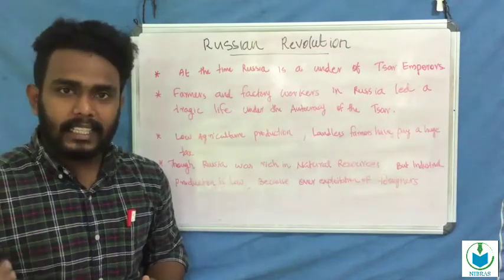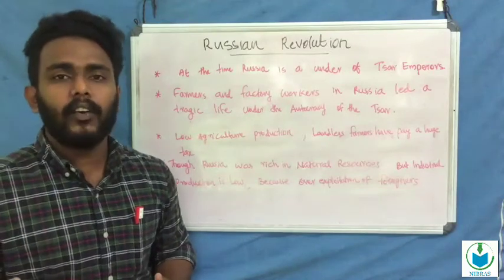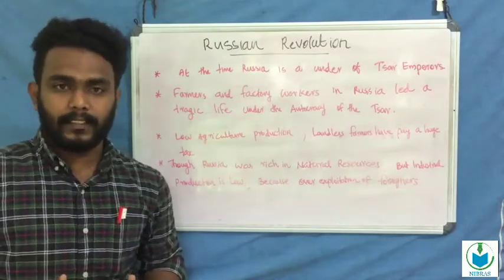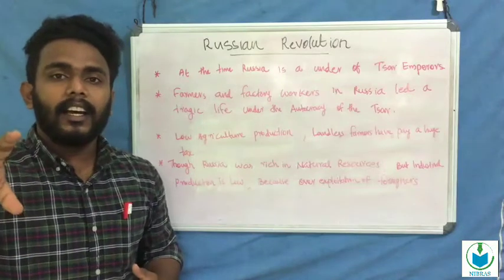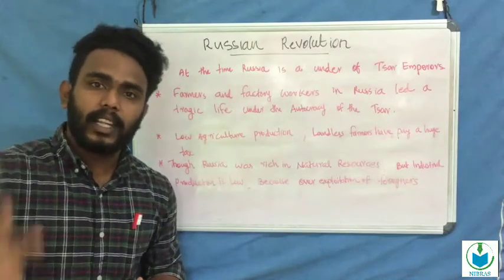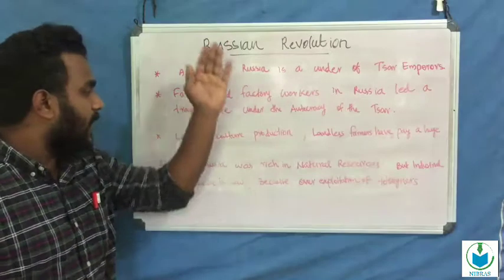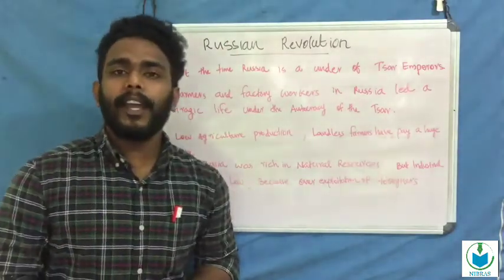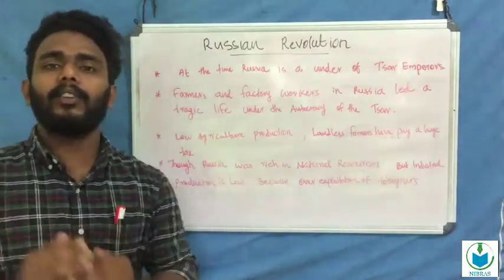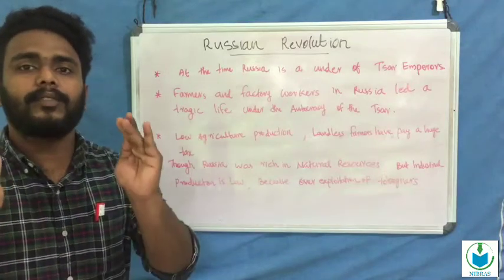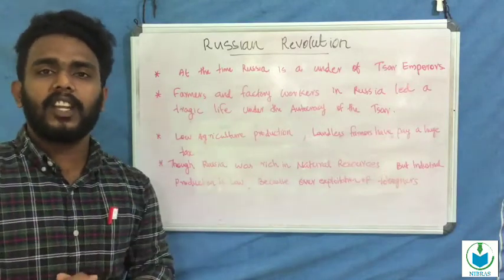So the industrial sector began to decline. These are the main points of the background and causes of the Russian Revolution.